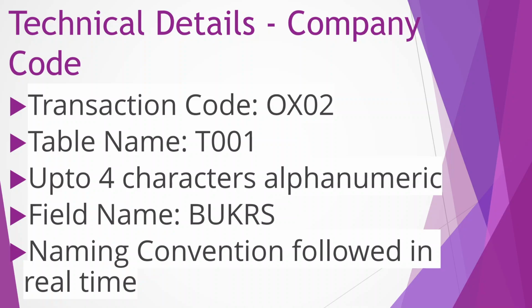I will show you in the system as well, no need to worry. It can have a length of up to 4 characters, alphanumeric. You can have a 1 character name, 2, 3, or 4. All the way from 1 to 4 you can have. And it can be only alpha, only numeric, or alphanumeric.